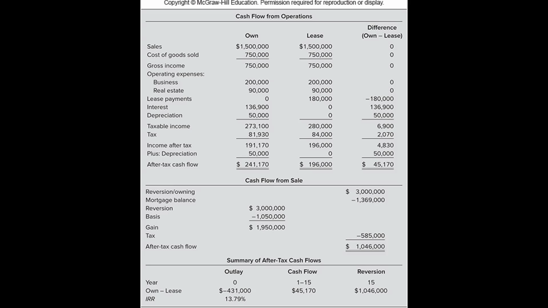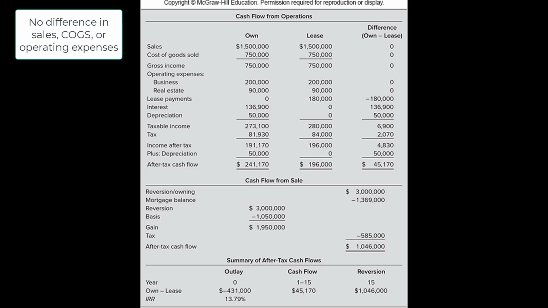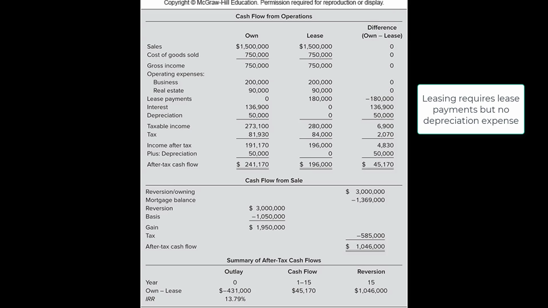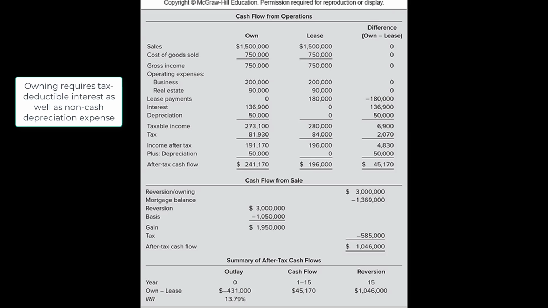So for example, we might put together a cash flow statement side by side showing if we were owning or if we were leasing, and then we could estimate the difference. So the cash flow from operations would include the sales, cost of goods sold, operating expenses, lease payments, interest, depreciation, and taxes.